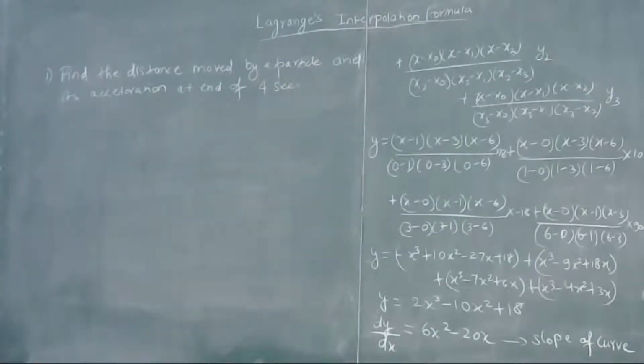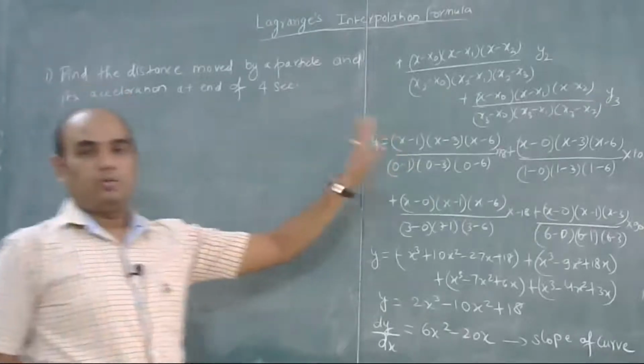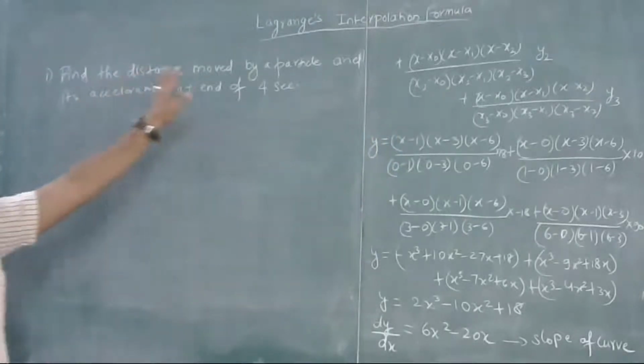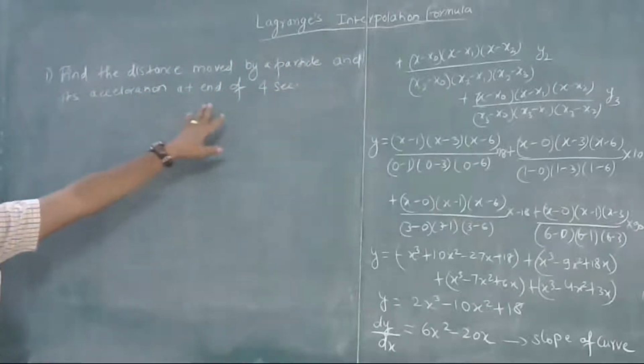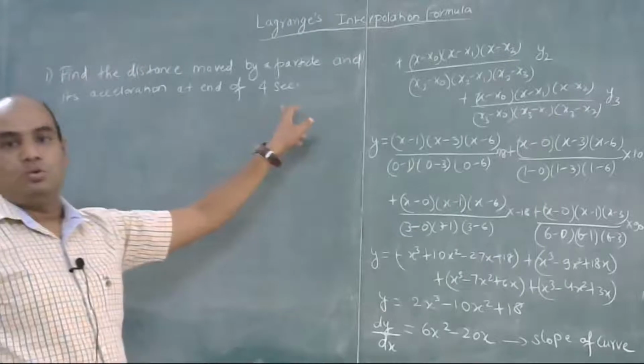Okay. So the next application of this method is that you can find the distance covered by a particle and the acceleration of that particle at the end of t equal to 4 seconds.